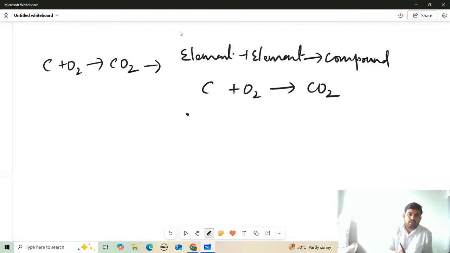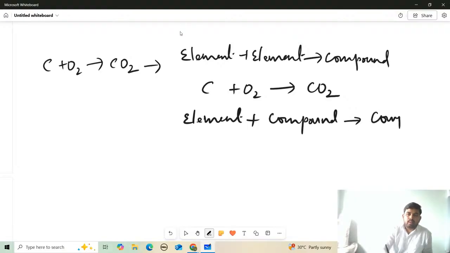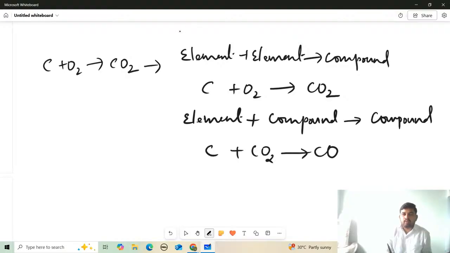Similarly, the second one is an element combined with a compound. In this case we again get a compound. This is another type of combination. For example, carbon plus carbon dioxide forms carbon monoxide.